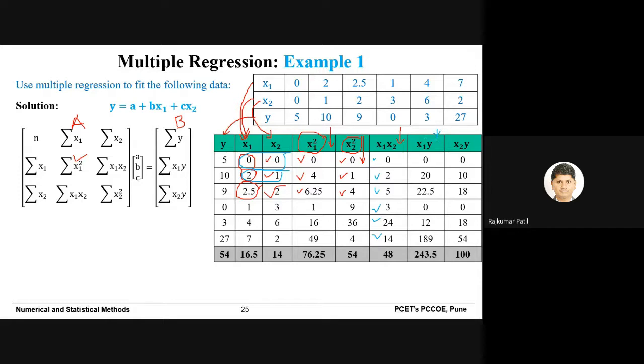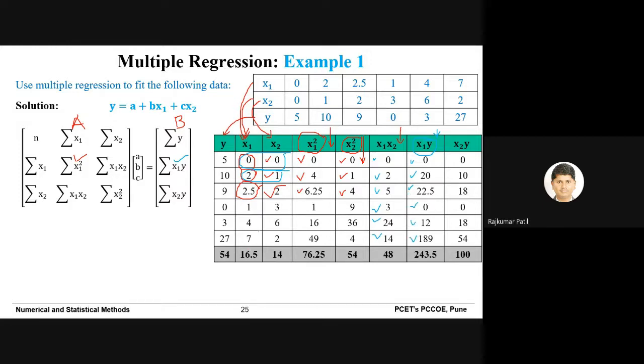In next column, we will calculate the values of x1y. So that you can see here. So we can calculate the values of x1y by taking the multiplication of value of y and x1. So 0, 20, 22.5, 0, 12, 189.